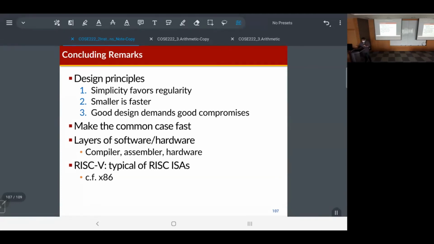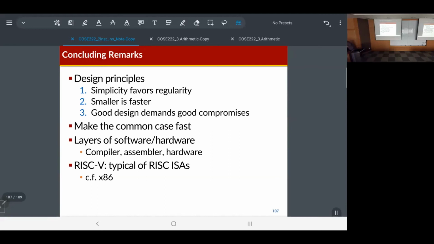And in order to support some specific operations required for high-level language code, the ISA, the instruction set architecture, defines the required instructions. Then we can build the computer hardware based on these instructions.